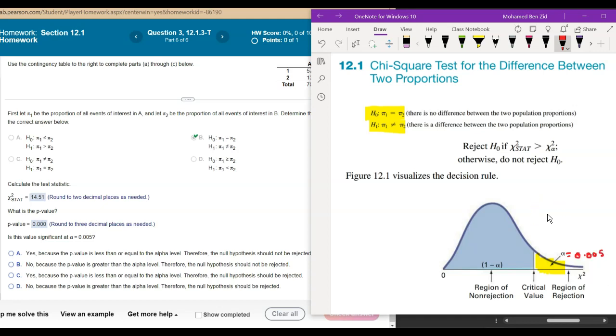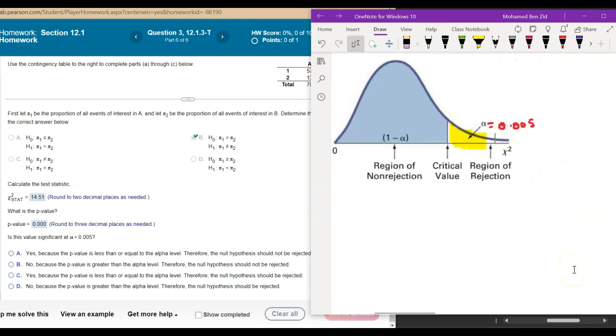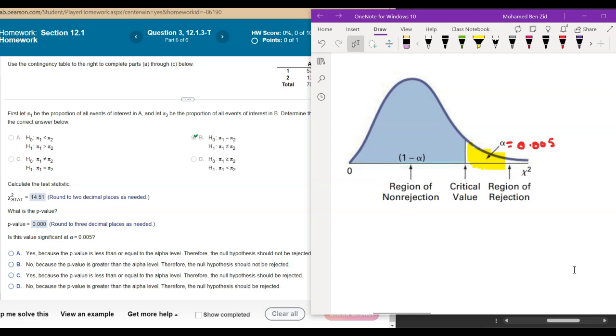Now I'm going to make a decision with the p-value versus the alpha value. If I graph my p-value right now, you can see the p-value is 0. It is very tiny. This small line here is basically my p-value.